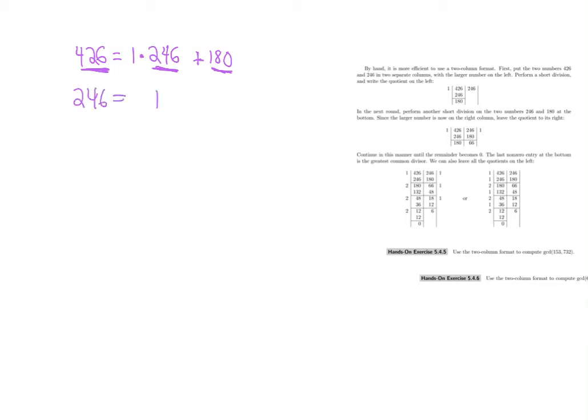So 180 goes into 246 once, and there's a remainder of 66. 66 goes into 180, not 3 times, but 2 times. And the remainder, let's see, 66 times 2 will be 132. 180 minus 132 would be 48.